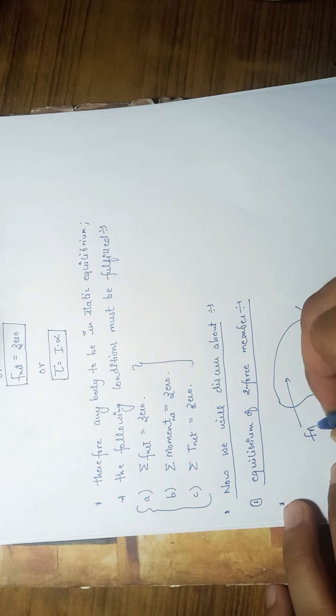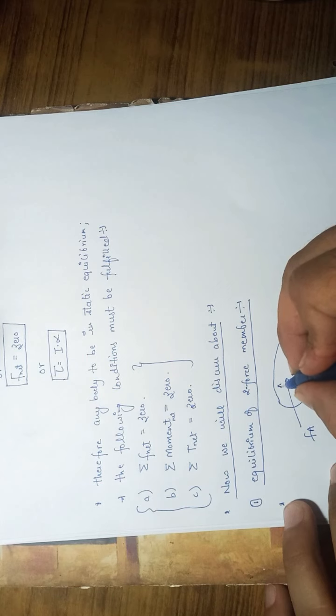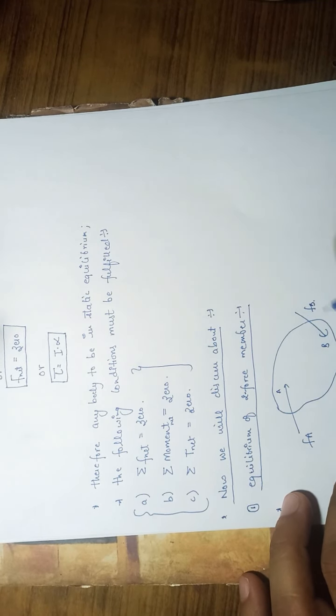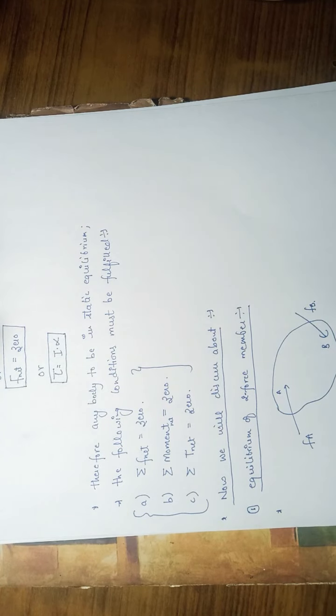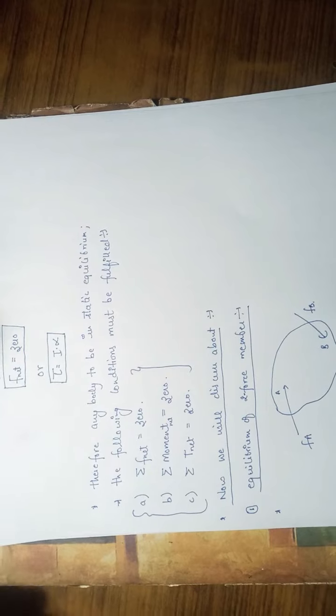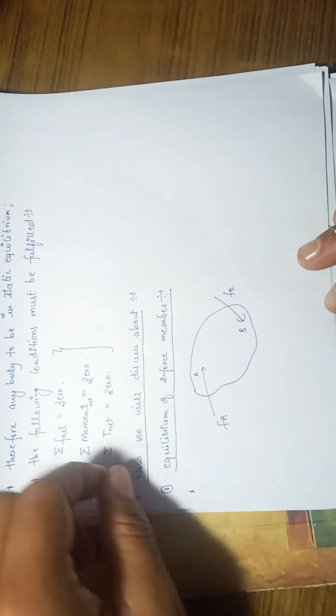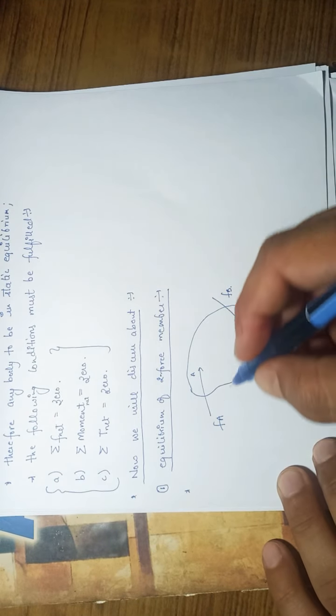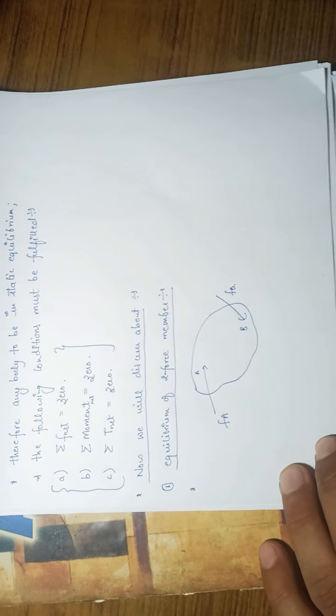So let's suppose this is point A, with force FA, and this is point B, with force FB. Clear? Okay. Now there are FA and FB. Okay, so this body is not going to be at rest. Why?